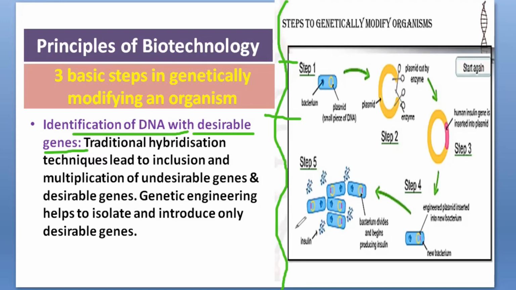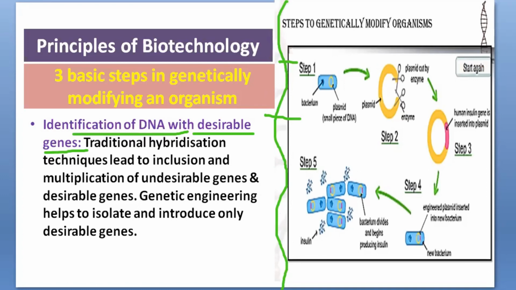With the help of genetic engineering, we can isolate and introduce only the desirable gene. For this, we had a project known as HGP, the Human Genome Project, where we found out, in the haploid set of 23 chromosomes, which gene is responsible for which character. So using genetic engineering, we can isolate and introduce only the gene of interest. That is the first step: identify the DNA with our desirable gene.